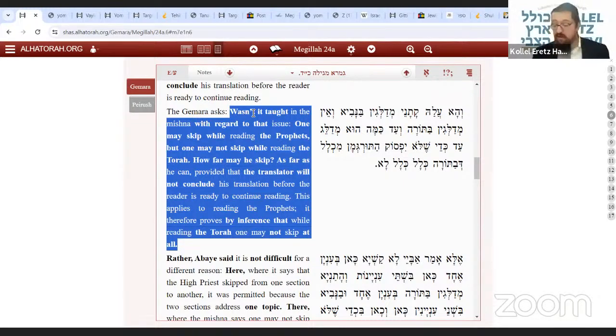So once again, we're saying the Kohen Gadol skipped around from chapter 16 to chapter 23 on Yom Kippur in the Beis HaMikdash because he had time. It was close enough to each other that he was able to go to the next portion, chapter 23, while the translator is translating the verse he read, but the Mishnah seems like he cannot pause at all.